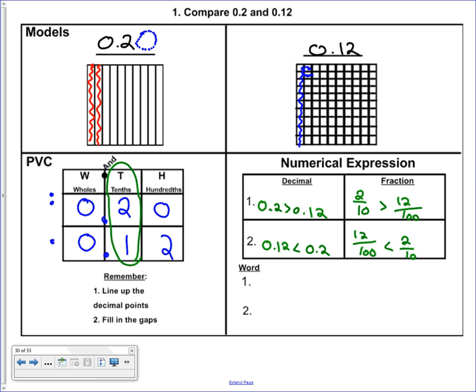In word form, see if I can write this small. Two-tenths is greater than 12/100.